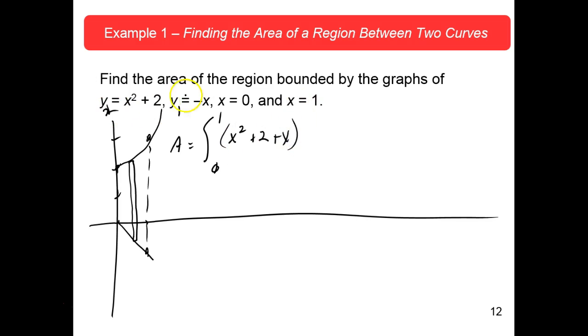That's your difference between the two functions, dx, as you go from x equals 0 to x equals 1. Does everybody see how that's what you get when you're integrating these? How do you get the 1 and 0? It tells you here, x equals 0 to x equals 1. Where did you get the x at the end?